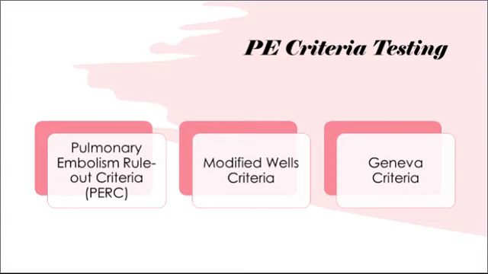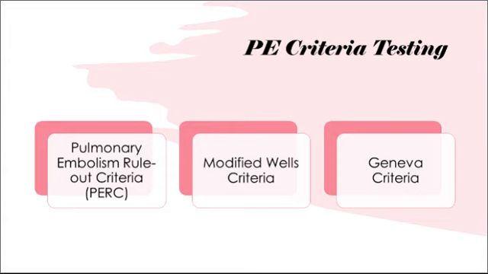Okay, so there is pulmonary embolus criteria testing. There's three things your text talks about: screening prior to doing further testing, the PERC, the modified Wells criteria, and the Geneva criteria. Your text seemed to focus on the PERC, although when I was reviewing it, I like the modified Wells criteria better.